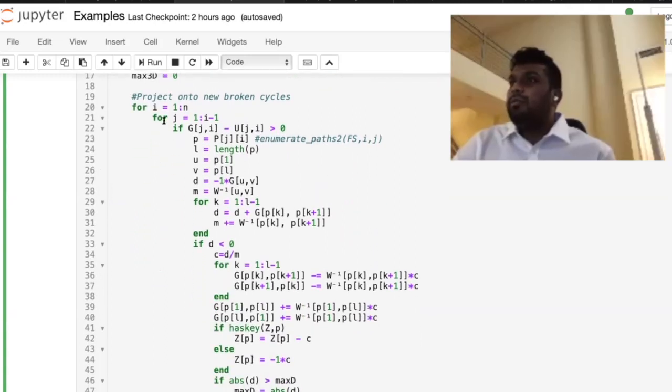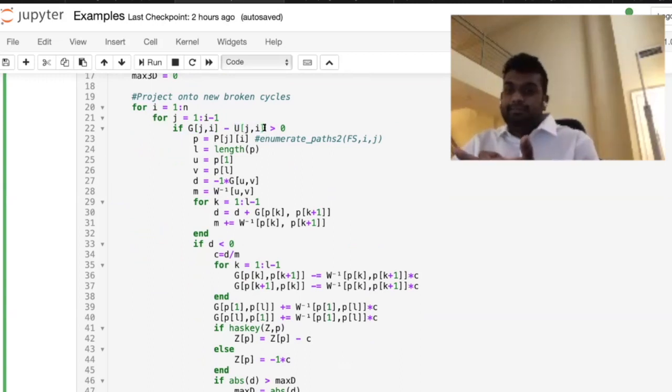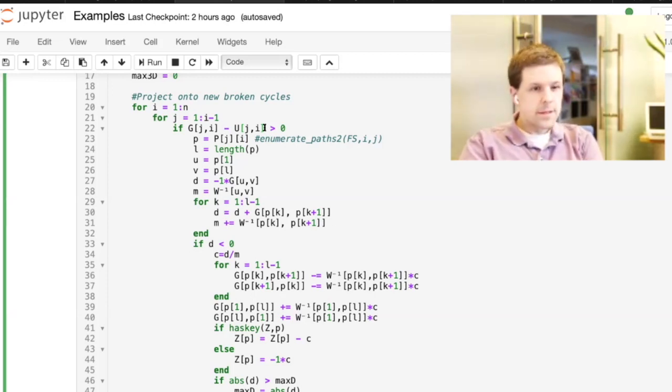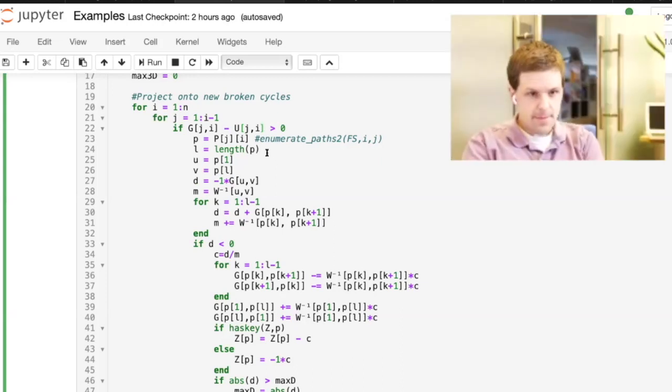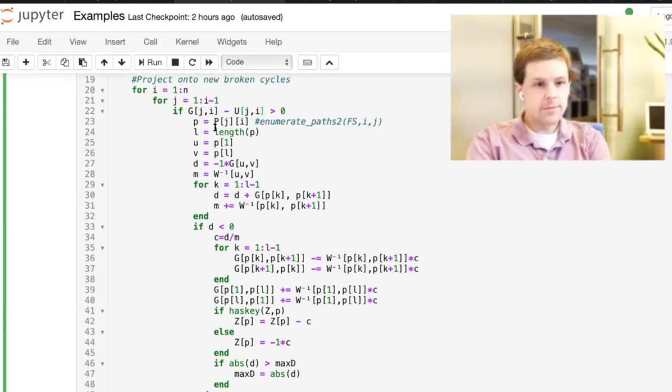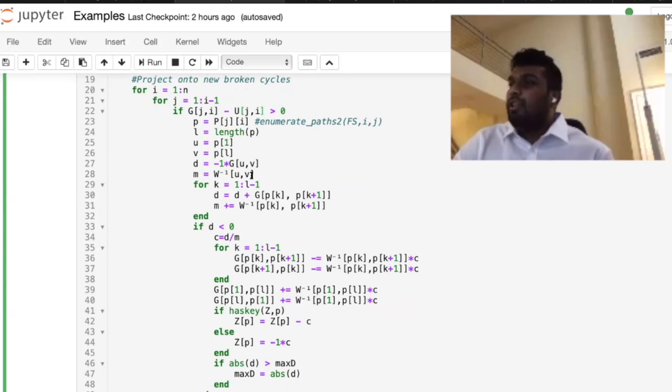And so then what I do is I go to each edge, and I check whether the weight of that edge is bigger than the weight of the shortest path. Right, because if the weight of the edge is bigger than the weight of the shortest path, you found some sort of violated constraint. Mm-hmm. Right, and then you have all of this code to compute the Bregman projection.